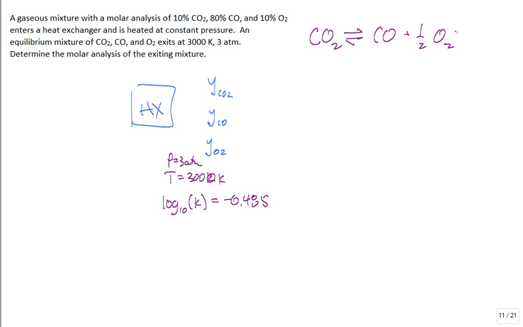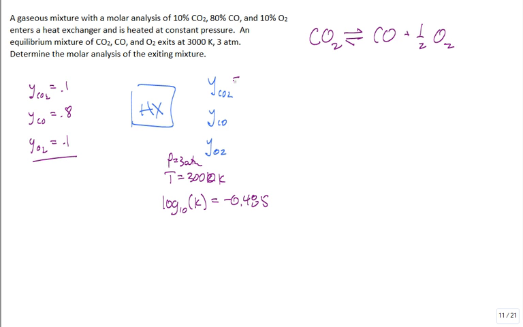Okay. We know what comes in. The mole fraction of CO2 coming in is 0.1, the mole fraction of CO is 0.8, and the mole fraction of O2 is 0.1. Do they sum up to 100%? Okay. So what I like to do is find these Y's.